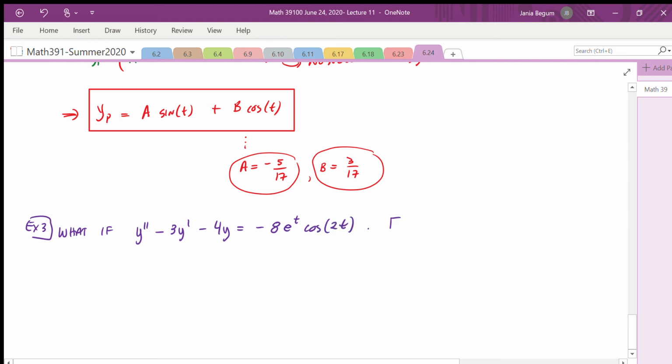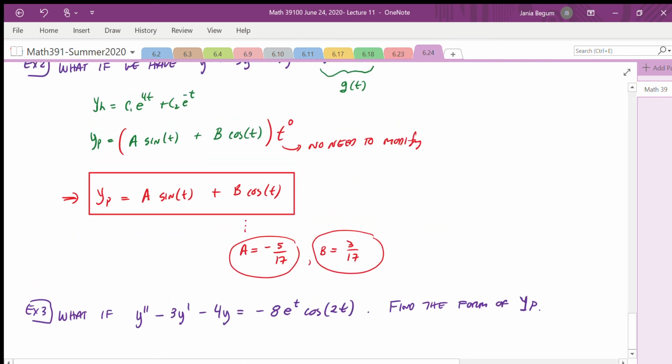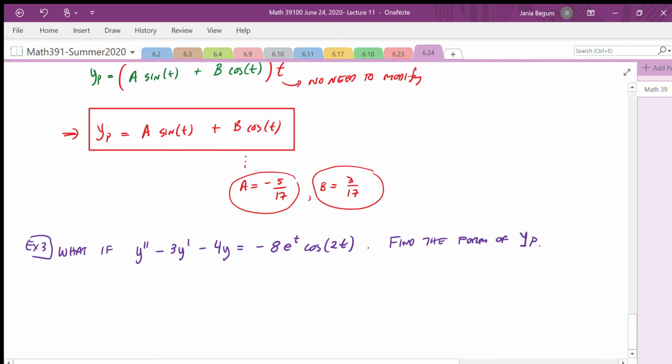So I want to find the form of yp. I'm going to give you just a few seconds to think about this. Based on the examples we just did, I think you can have a good idea of where to go with this one.